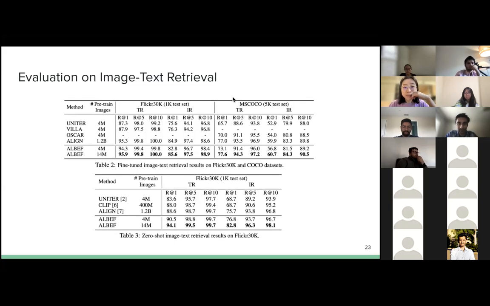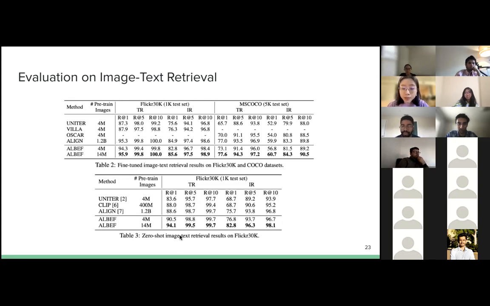And in terms of image text retrieval performance in particular, ALBEF was able to achieve state-of-the-art results compared to other models, such as Elaine and Oscar and Villa. And surprisingly, it's able to beat the very popular Elaine model using only a fraction of the size of the Elaine data size, which is 1.2 billion.